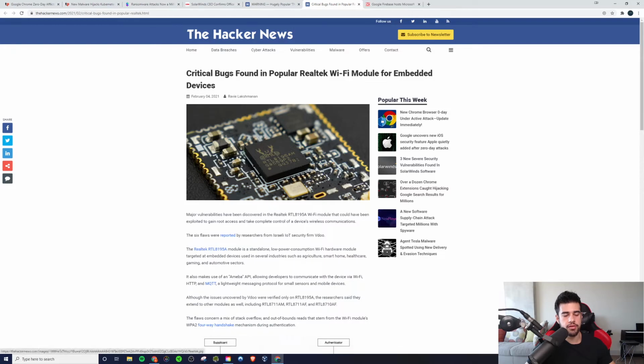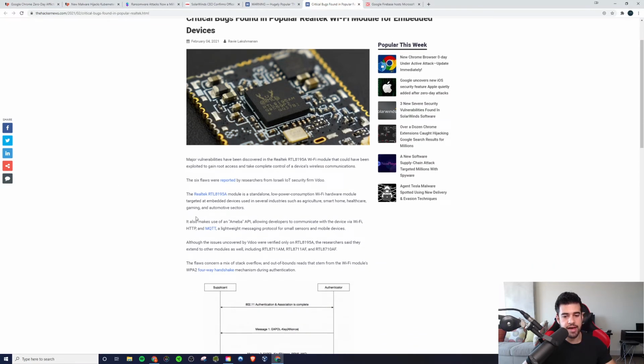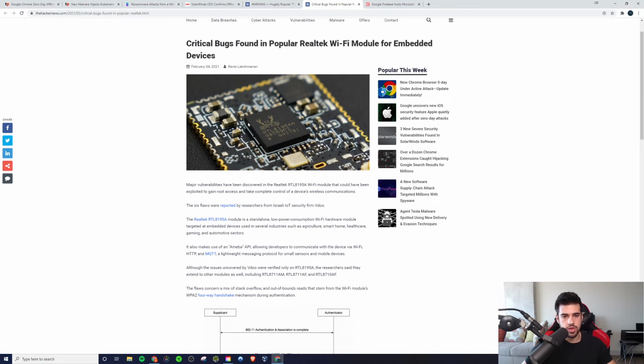So yeah, definitely take your own risk tolerance into account. Now, I wanted to cover this article because I feel like this does not get talked about enough, and that is bugs found in embedded devices, right? The IoT. There's a whole other side of security, and this is not my space by any means, but good to at least have it on your radar. When it comes to hardware, if you understand electrical engineering and the hardware side, there is a lot of security research you can do.